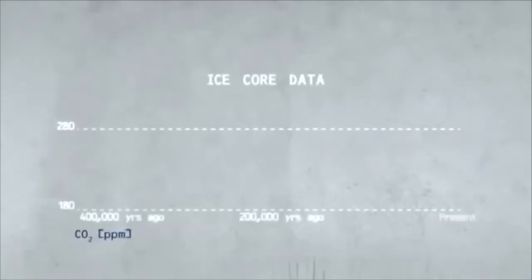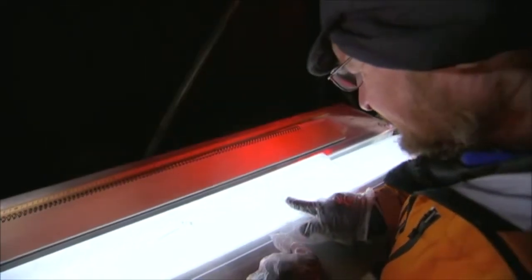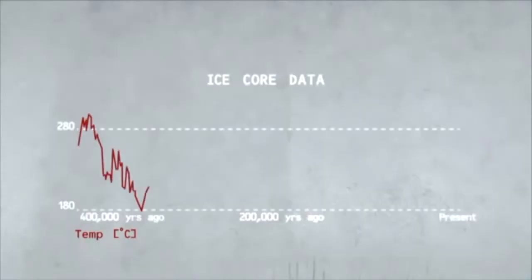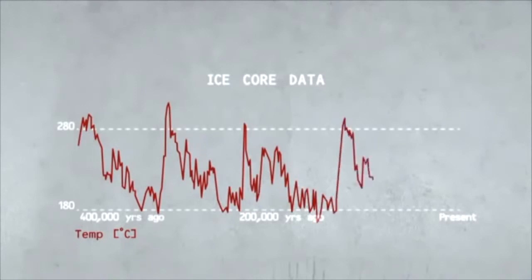Looking at the cores, we see a pattern that repeats. 280 parts per million of CO2, then 180, 280, 180, 280. By analyzing the chemistry of the oxygen atoms in the ice, you can also see the pattern of rising and falling temperature over time. Colder during the ice ages, warmer during the interglacial periods.